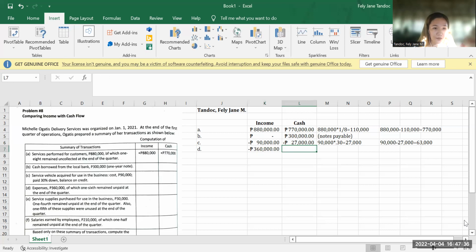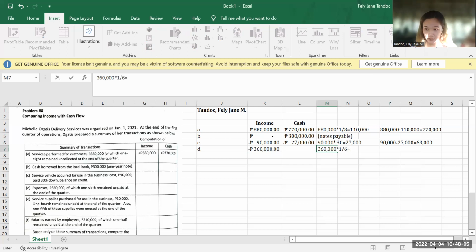For the cash, I took 360,000 times 1/6, amounting to 60,000.